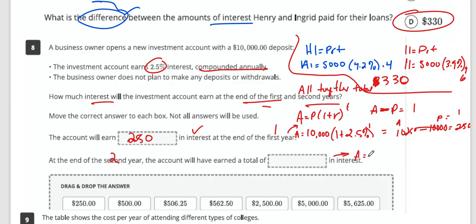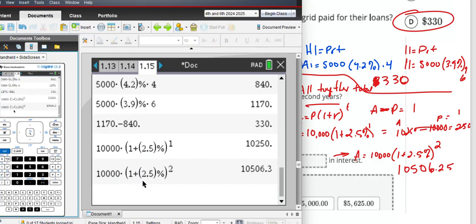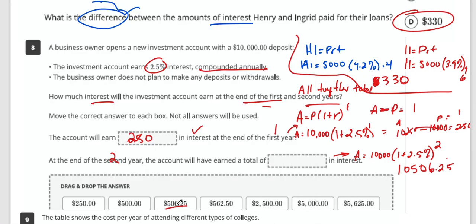A equals 10,000 times 1 plus 2.5% to the 2, which gives me, shoot, what was it? I think it's 506.25. 10,506.25. Let me see. 10,506.3.